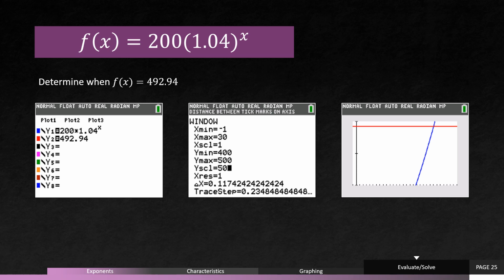Now this is a huge value, 400. It's definitely not going to show up in that normal standard window. I know that it's going to be more than 400, less than 500, so I've set my Y min and max so that the intersection will be within there. I also remember my f of 14 was a similar value, a little bit smaller, but I know I need to go more than 10 for x as well.